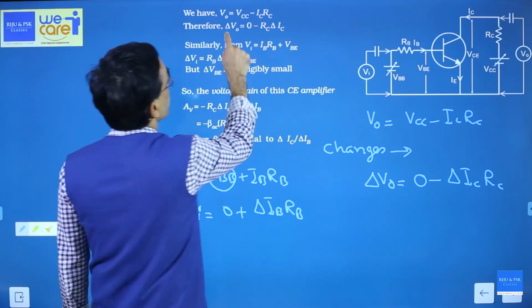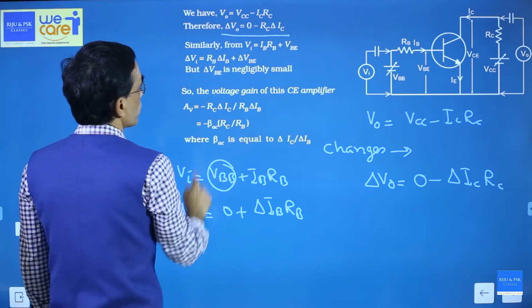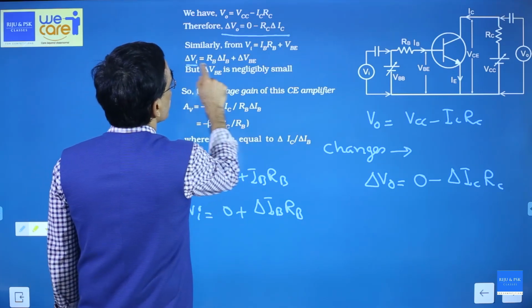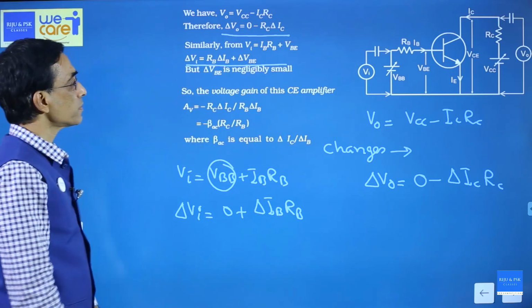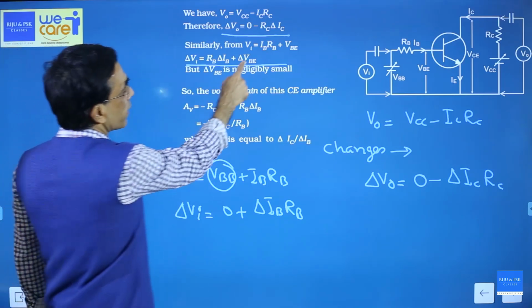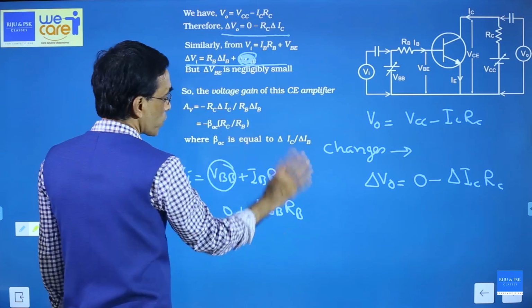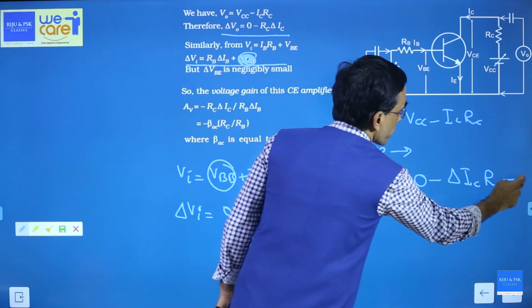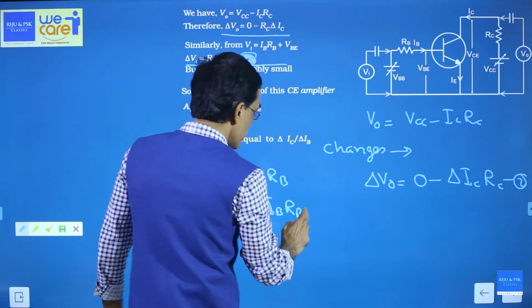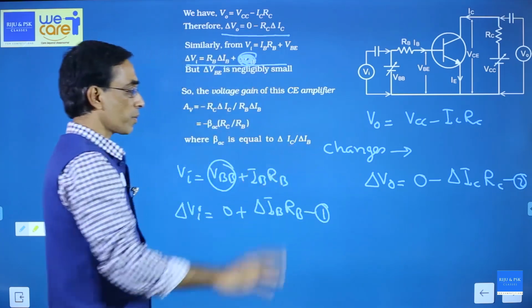This delta VBE is negligibly small. So delta VI is IB into RB. This is the output equation, call it equation 2, this is equation number 1, or any number, no problem.